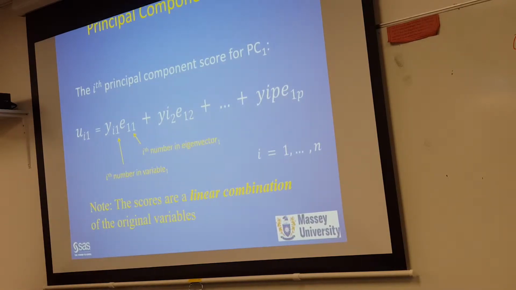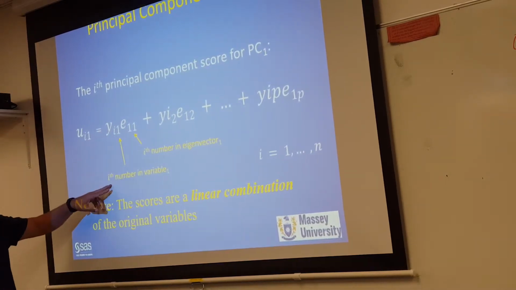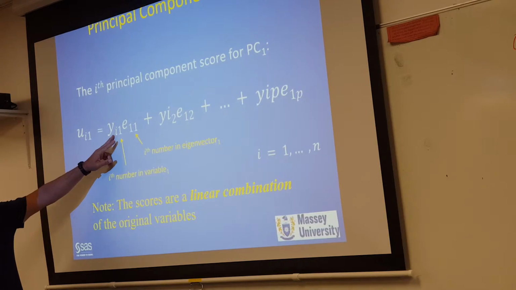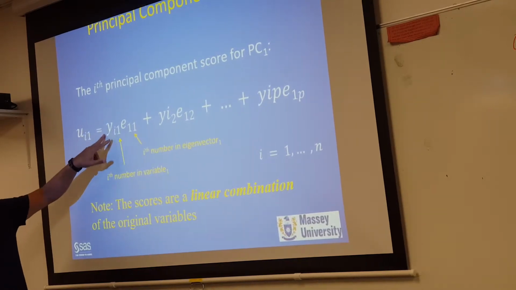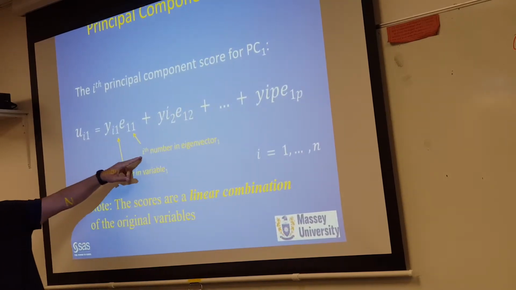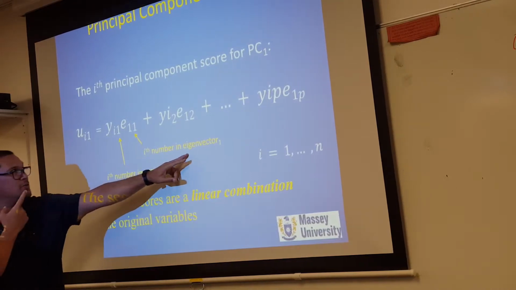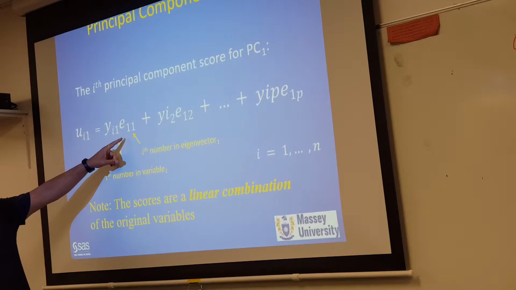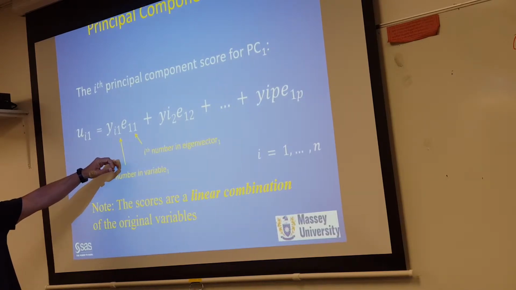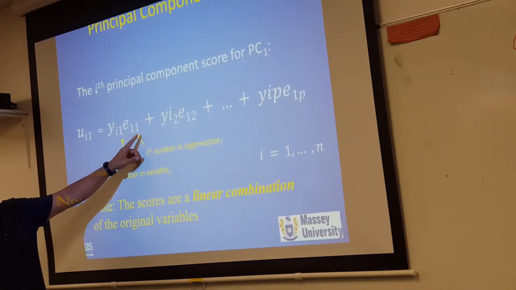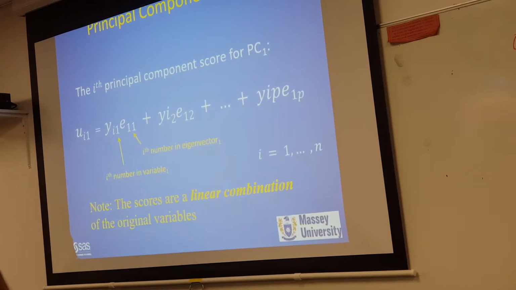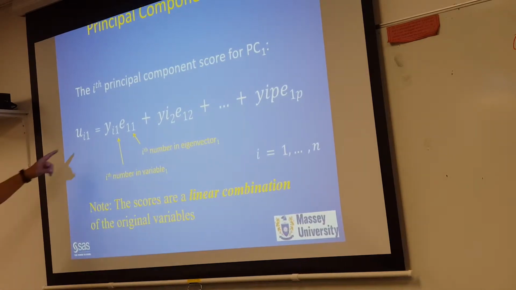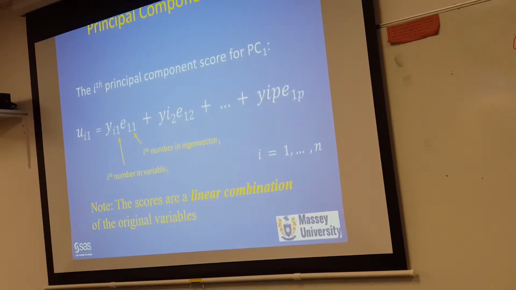So what have we got here? Hey look, let's say i is equal to 2, so it's the second number for variable 1. So this is going to be equal to a particular value for variable 1, times the second number in eigenvector 1, given here. So that should say i, shouldn't it? That should say E1i, if I've given an i here. Oh no, this is for the first value, number.